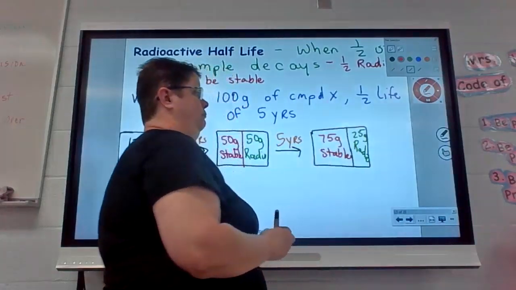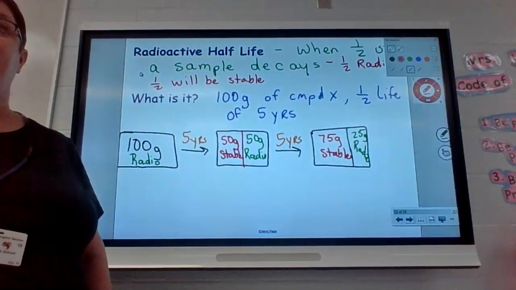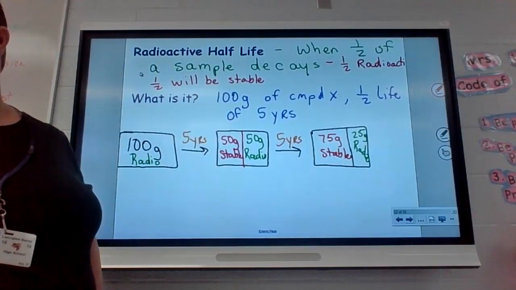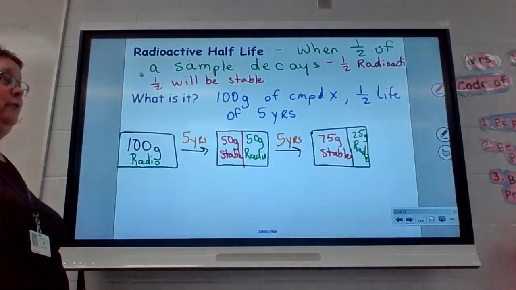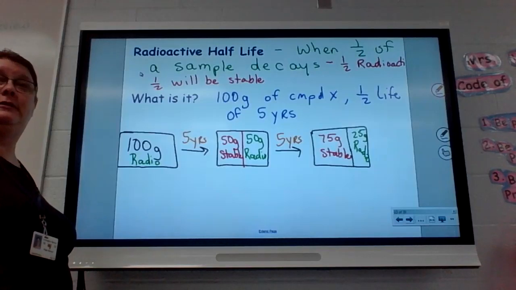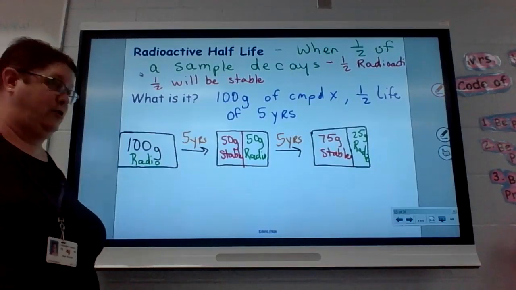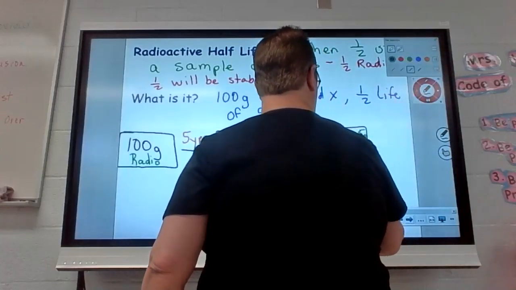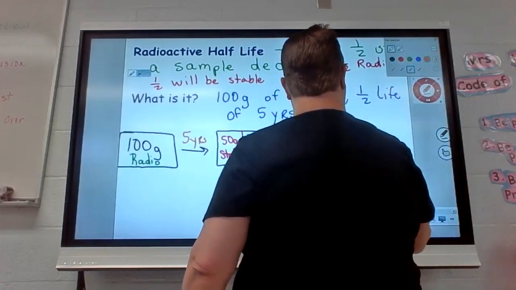Dude, I'm actually smart. I came up with that earlier and I'm not even a scientist. And we didn't even learn it yet. Okay? So, this 25 grams that's now radioactive is going to do what? Half-life again. It's going to do it again. And so it's going to be like 12.5 or so.